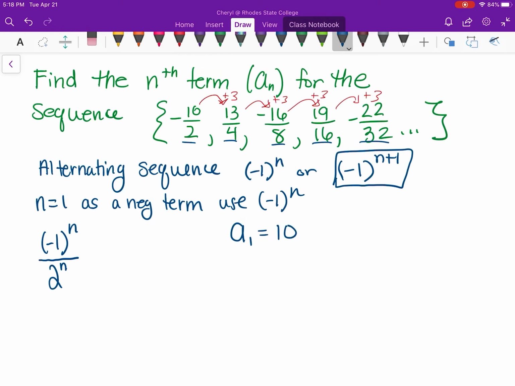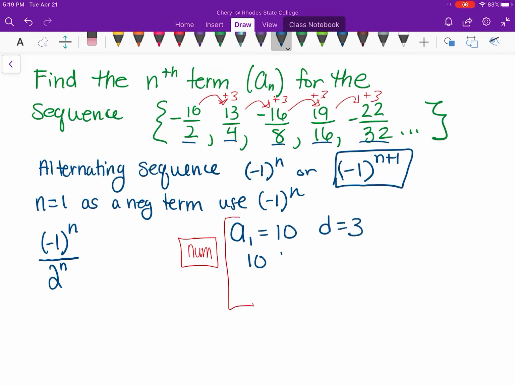My a_1 would be 10, because I want to start with 10 in the numerator. Let me make a note of this so that this isn't confusing in your notes. This is just to figure out the numerator. Then the common difference is going to be 3, because we keep adding 3 over and over again.